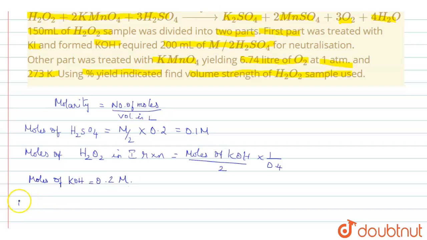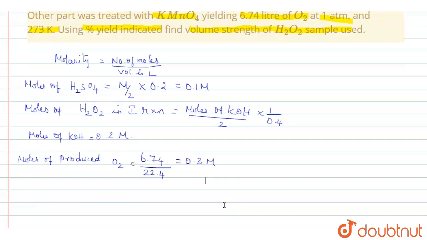The next step is moles of produced O2. Moles of produced O2 will be equal to 6.74 liter, which is given in the question, divided by, at STP they have given, so I can write very well 22.4, which will be equal to 0.3 molar. So I have calculated the moles of O2 produced.